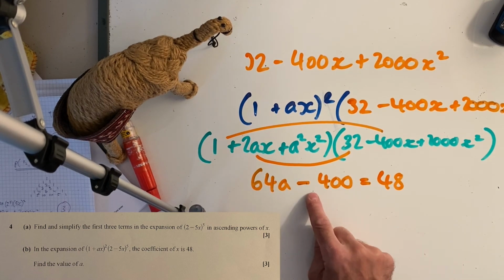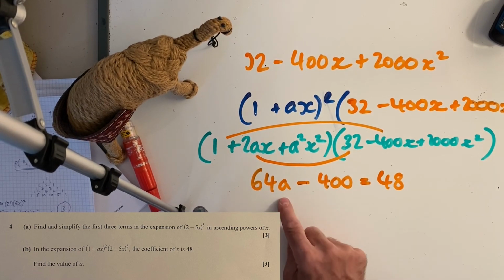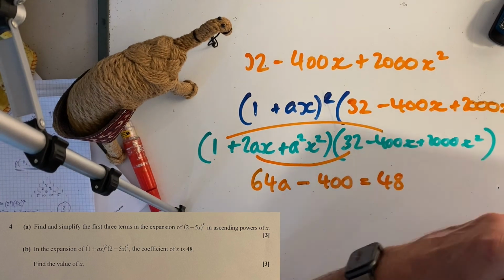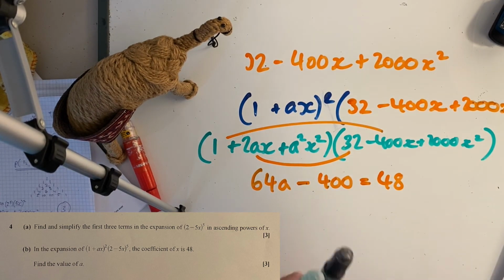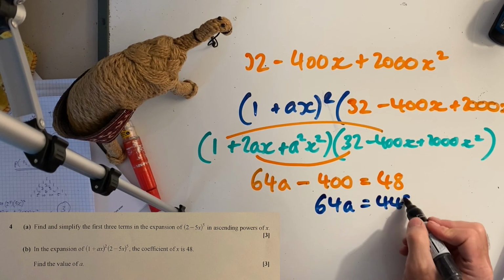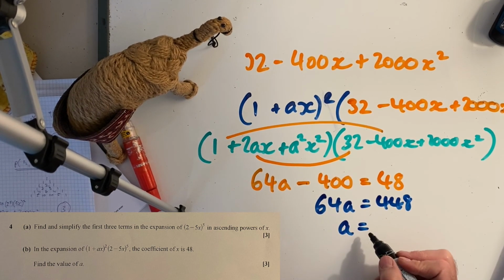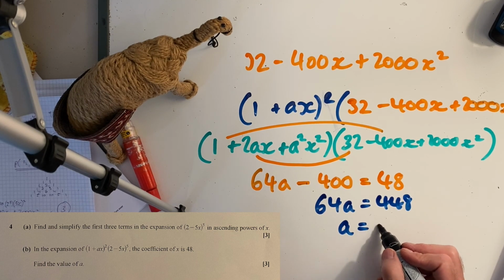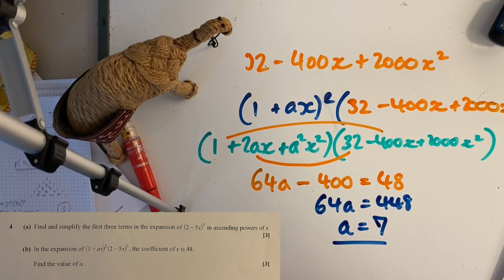So now I need to tidy this up, add 400 to this side and divide by 64. I get 64a equals 448. A divided by 64 is 7. Boom. That's the value of a.